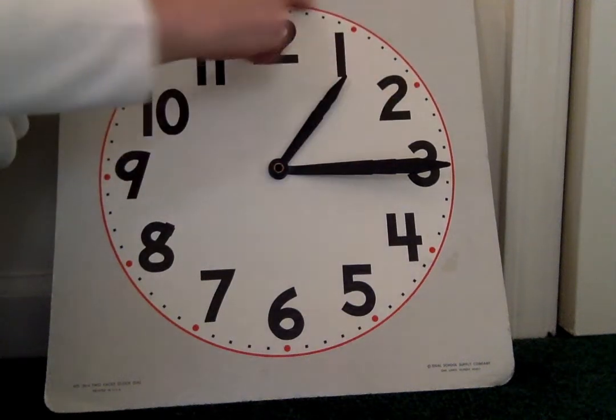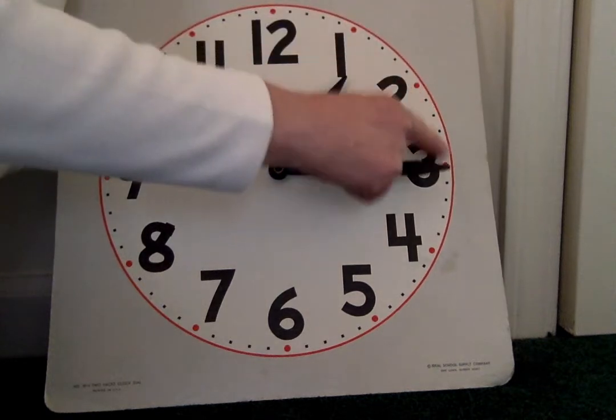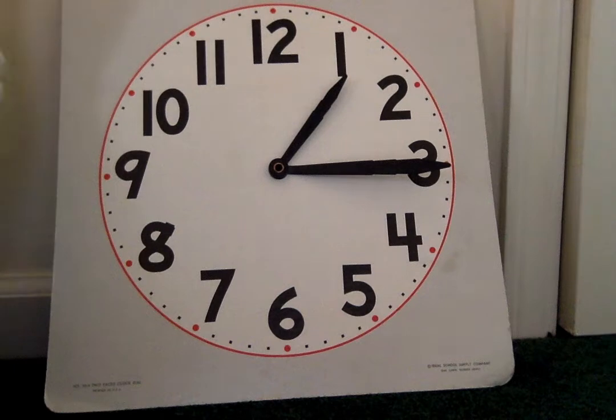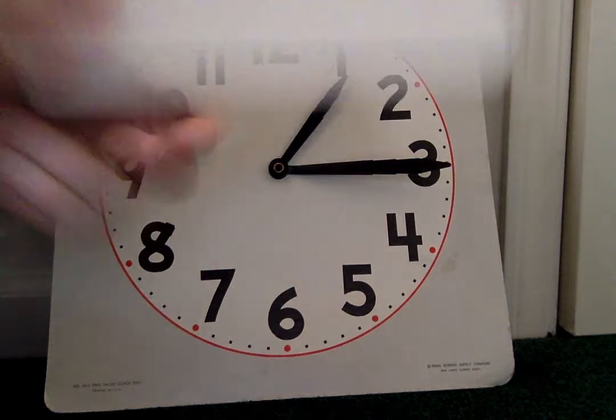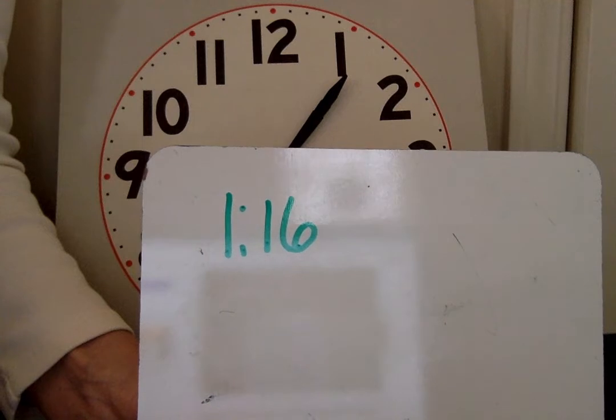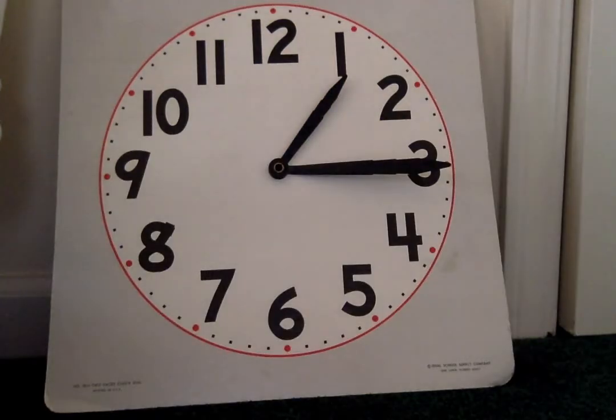Start up here. 5, 10, 15, and one more. Baby says 1, and you say 16. So the time is 1:16, or 16 after 1.